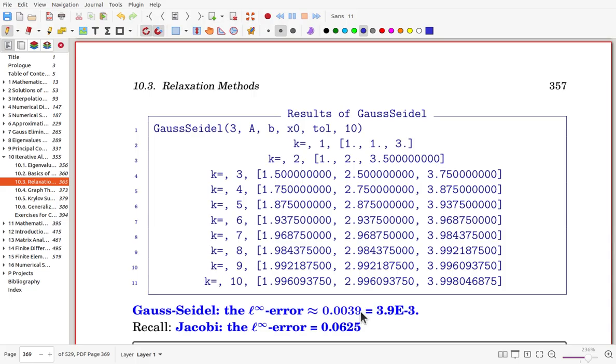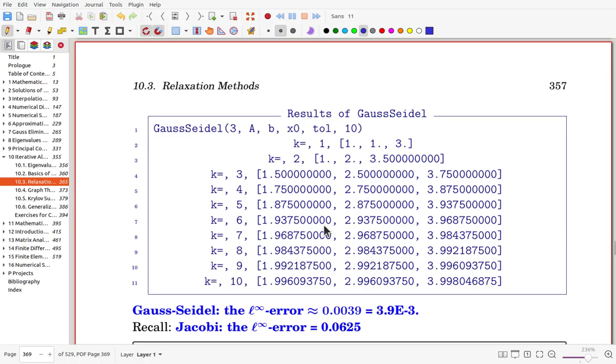In fact, when we were using the Jacobi method, 10 iterations made this level of solution. So 10 iterations of the Jacobi method is the same as or similar to 6 iterations of the Gauss-Seidel method.